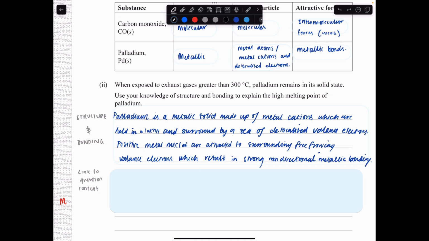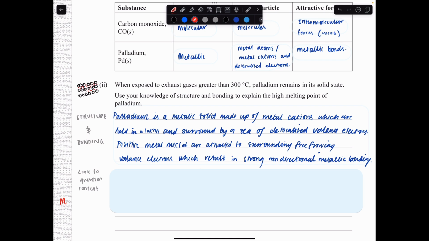So if we're looking at a metal, okay, it is held in a lattice, okay. I'm going to do 3 sheets here. And these are the positive nuclei, okay. And so around the positive nuclei are free-flowing electrons, and they are basically like a sea, okay.